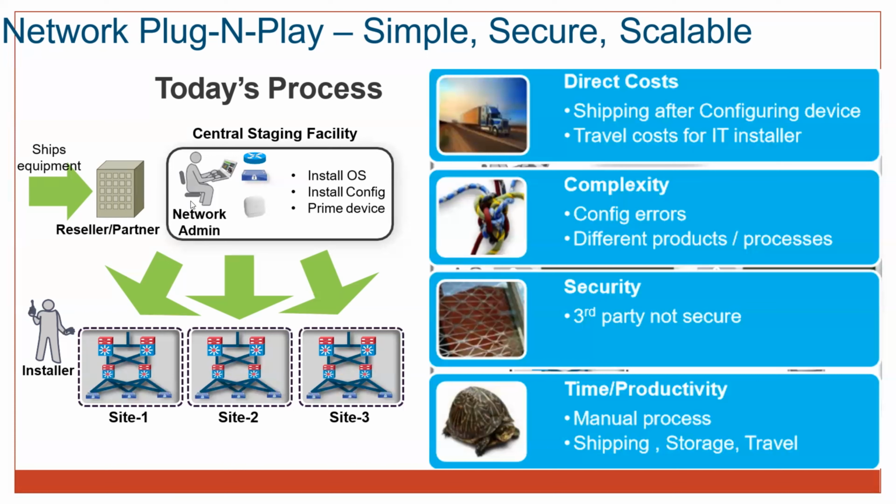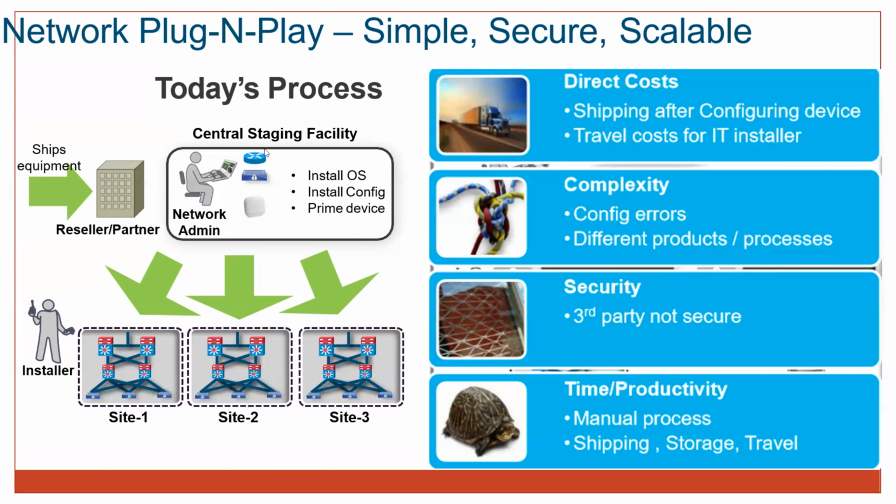Ship the element, the network admin will go and install the OS, config the install config, prime devices, and then they send those devices to different sites. In a site, it may be access or distribution or the core layer switch. So direct cost like shipping the devices, then complexity like config problem issues, because you're not following the standardization process.